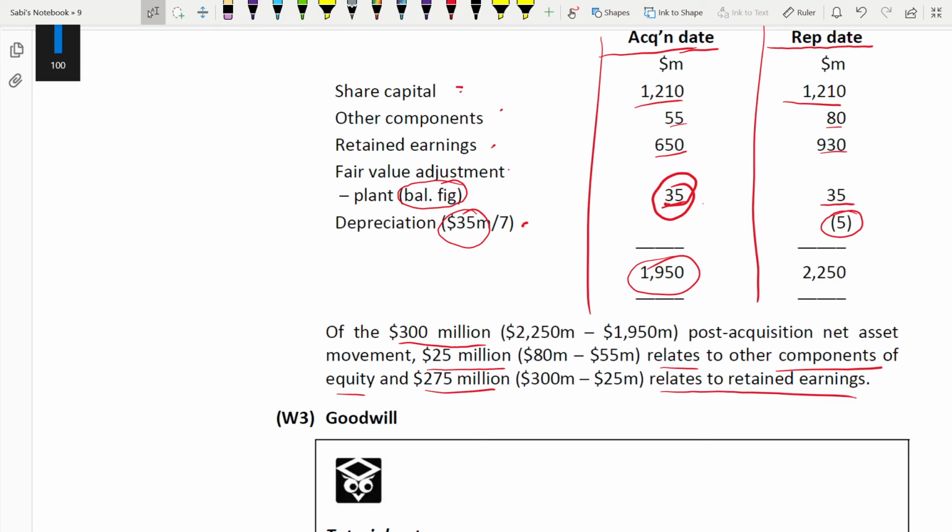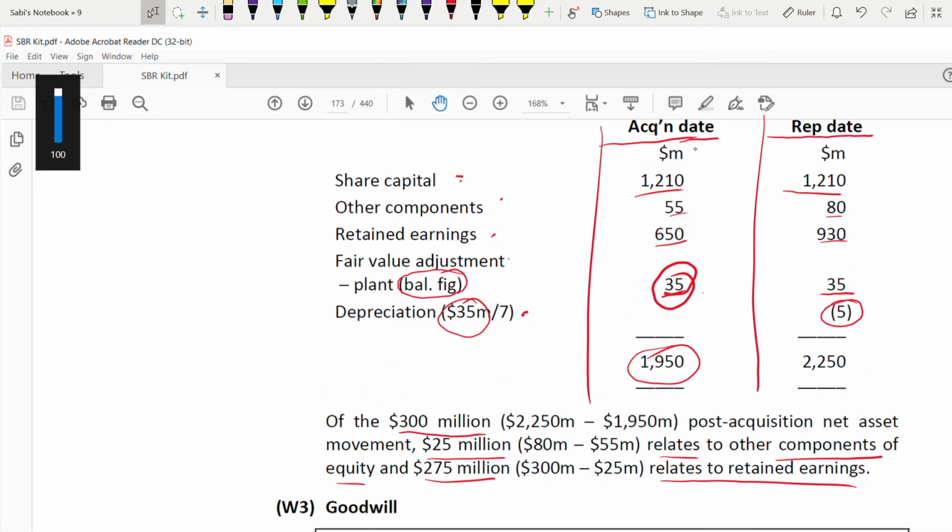Now, you need to know, when post-acquisition return on net assets, how much will go to other components of equity and how much to retained earnings. So they told 25 will go to other components of equity, and the 300 they are breaking down, 275 will go to retained earnings. Why? Just look, share capital did not change. But other components of equity, 80 minus 55, the difference is 25.